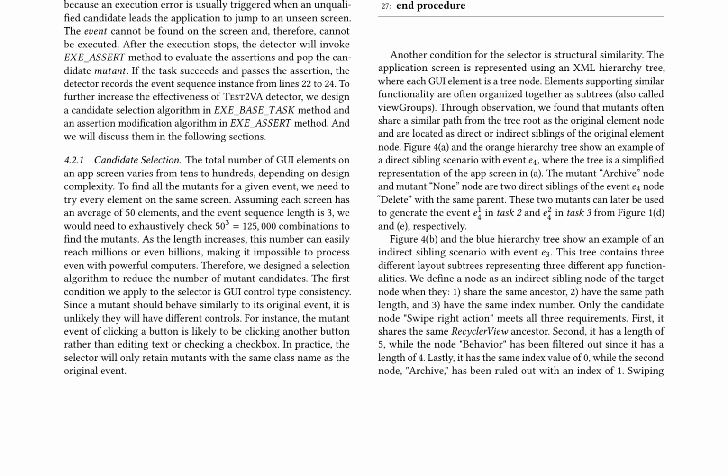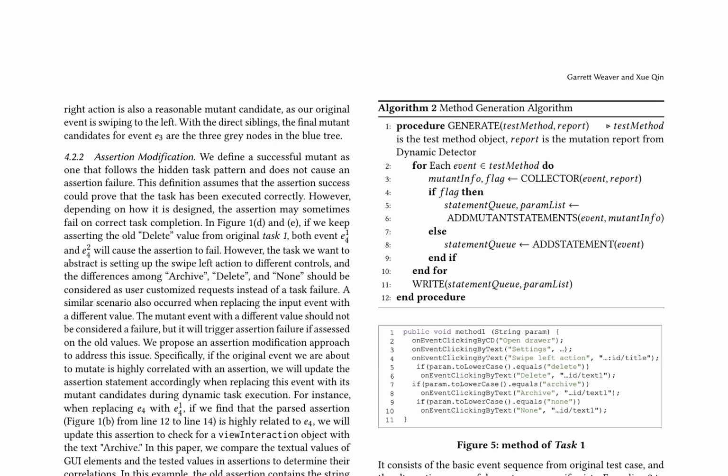Assertion modification is a vital concept in identifying successful mutants, defined as those that adhere to the hidden task pattern without inducing assertion failures. However, assertions may occasionally fail despite correct task completion, contingent upon their design.